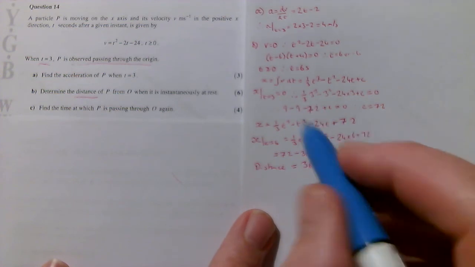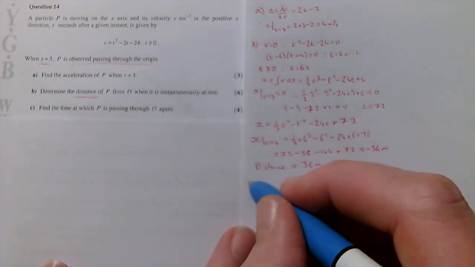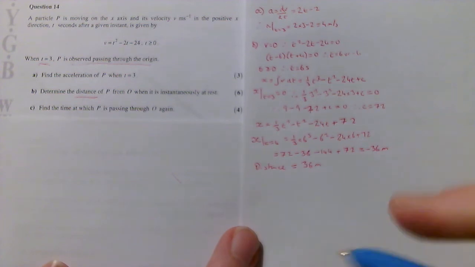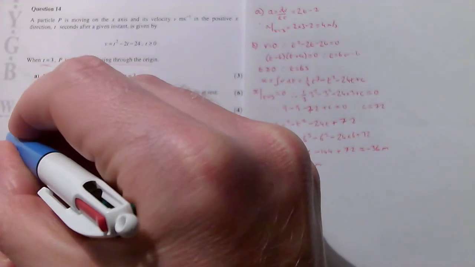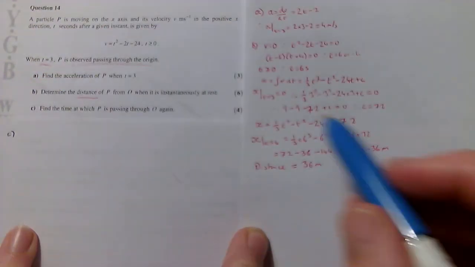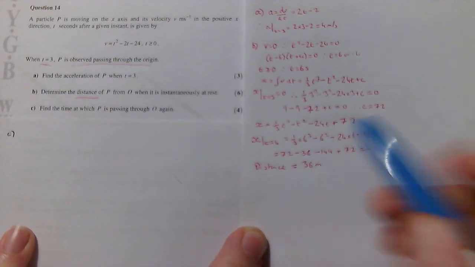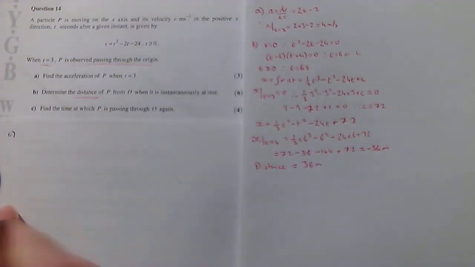Okay, so for part C, let me move to a different colour pen, just hopefully it'll be a bit clearer. For part C, we're trying to solve when x is equal to 0. So that's what it's asking us to do. When it's moving through the origin, x equals 0.